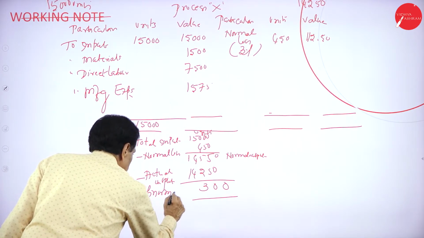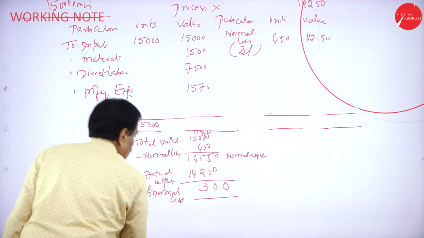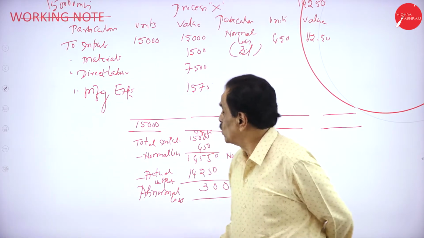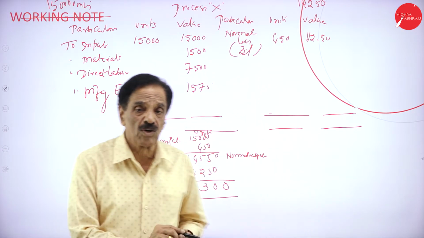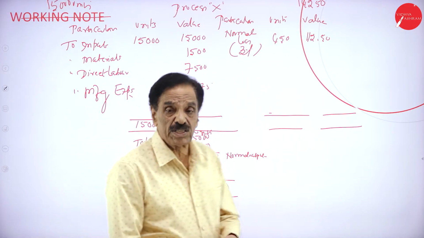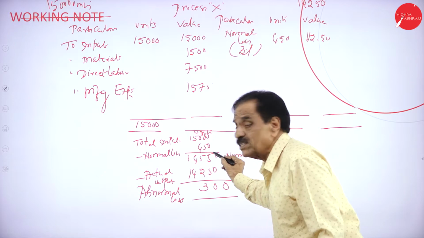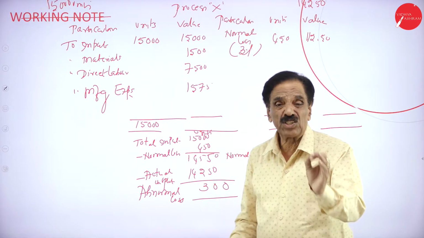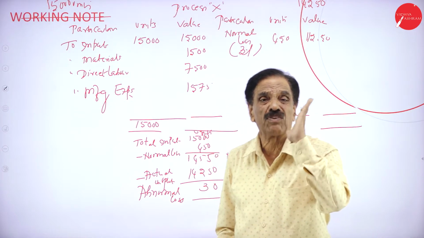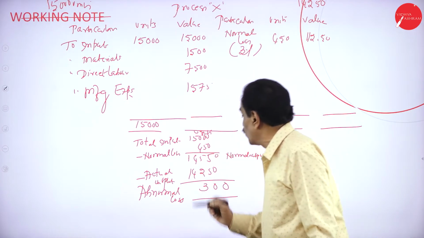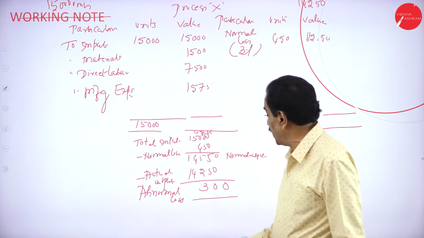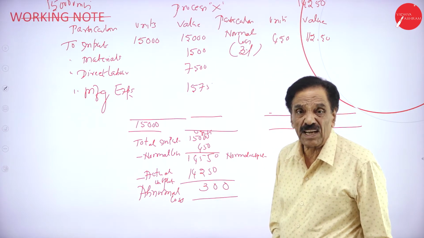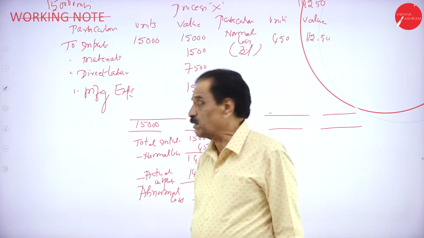I will explain. Your input is 15,000 units. Normal loss is 450. The normal output is 14,550. But the actual output is only 14,250. How much suffered a loss? 300 units, which is called abnormal loss.